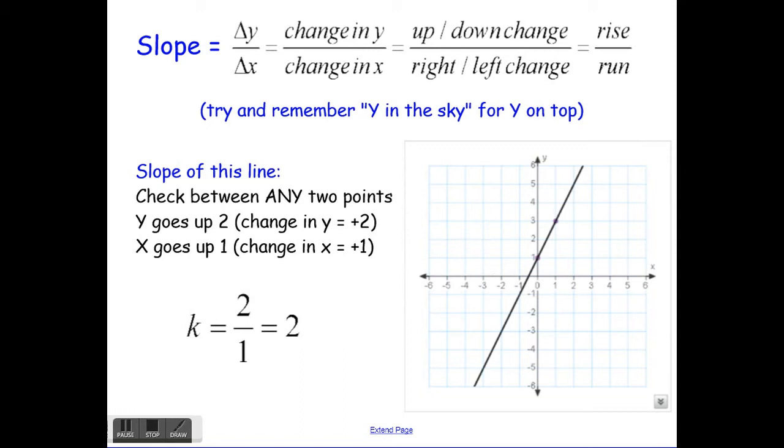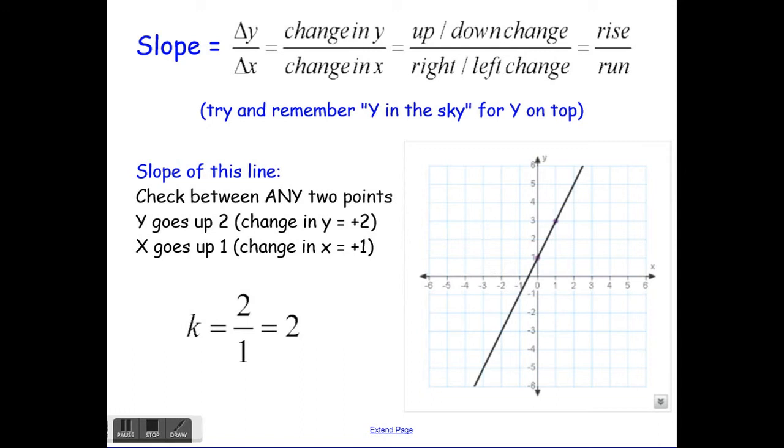So this here is how we describe slope, I guess, in words. This triangle here is what we call delta. So this is delta y over delta x. Well, we don't deal with alpha yet. Delta y means the change in y, so how far up or down we went in the y direction.